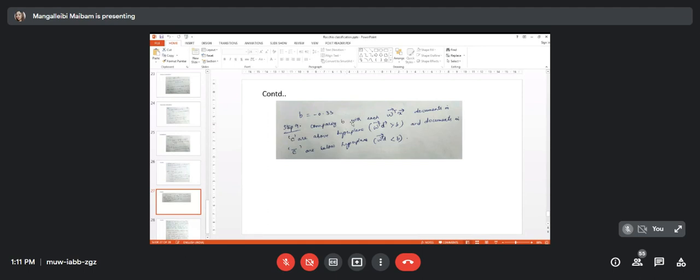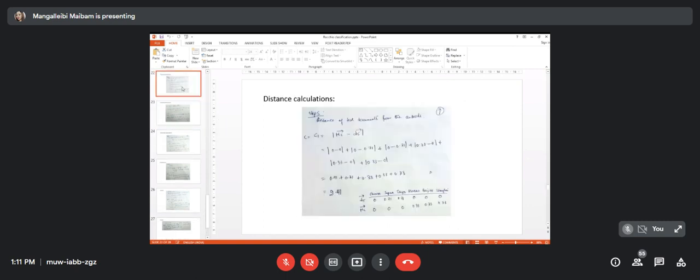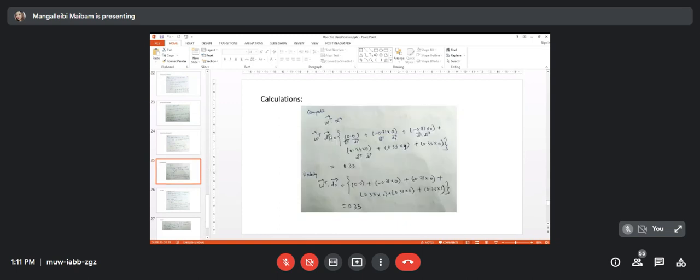So we compare B with each W dot D vector. X vector is nothing but the D vector. So we will check the first one. See here for D1 it is 0.33, and our B is minus 0.33.